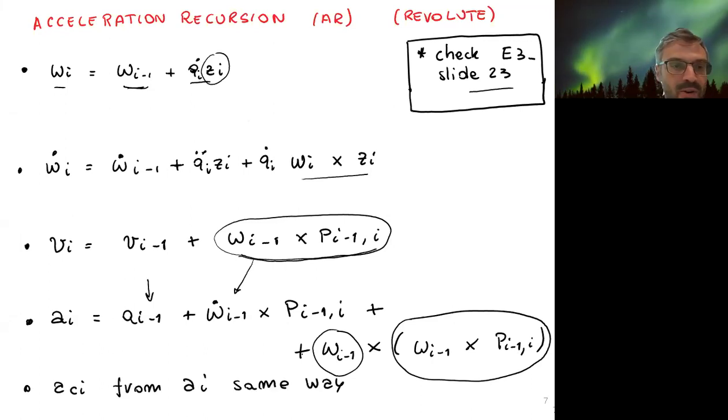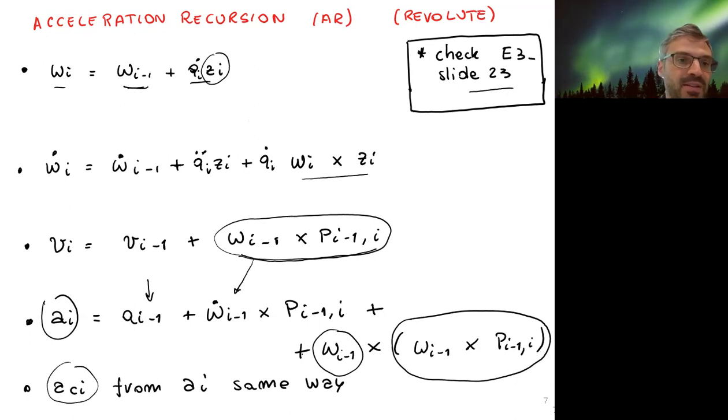And in the same way, whenever you have the acceleration of link I origin, you can get the acceleration of the center of mass of link I. So this is the forward pass, which is the acceleration recursion.